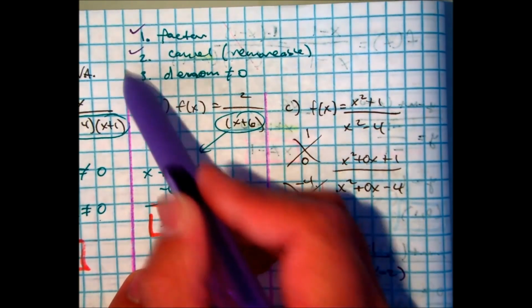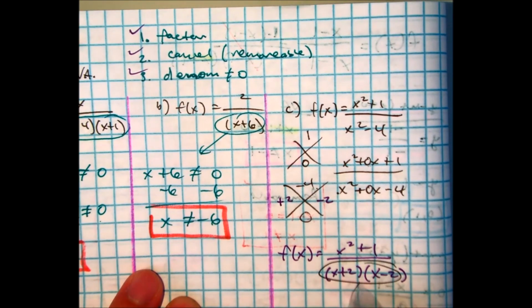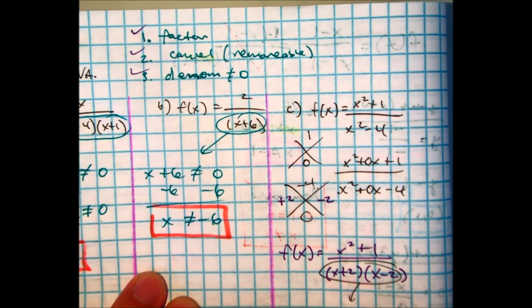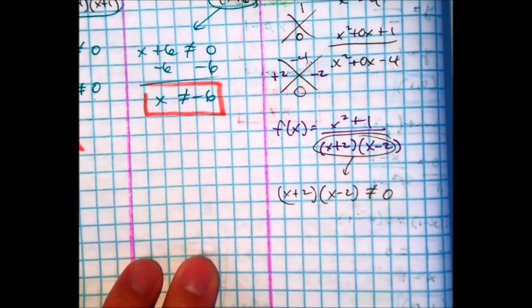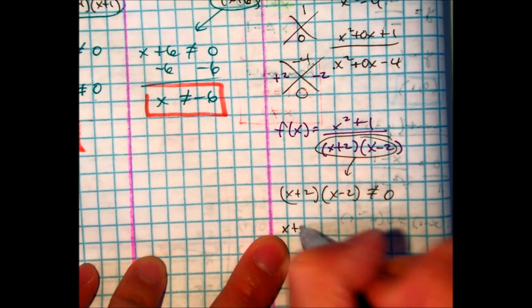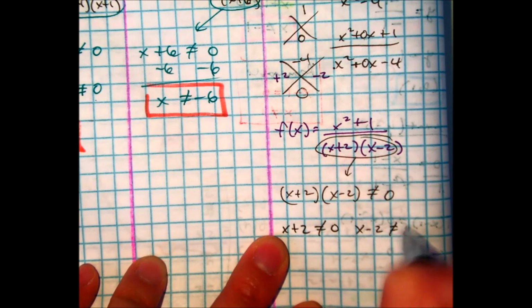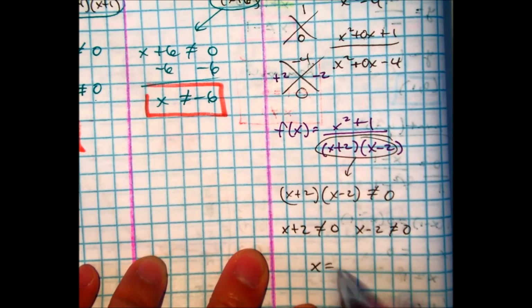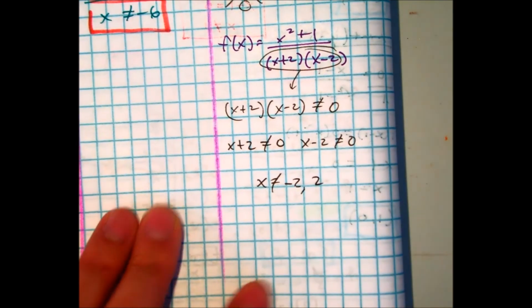Now we need to set the denominator equal to 0. And then you're just going to separate them. X cannot be what numbers, class? Negative 2 and positive 2.